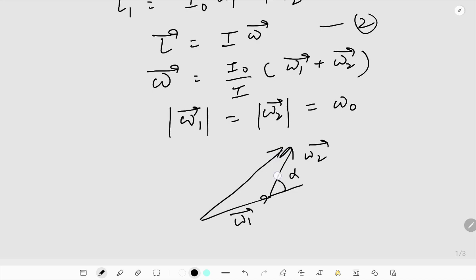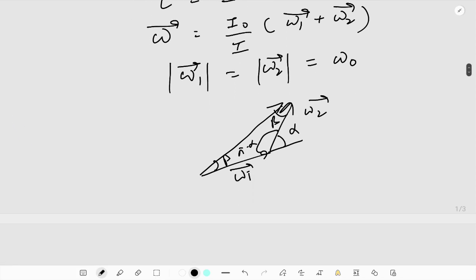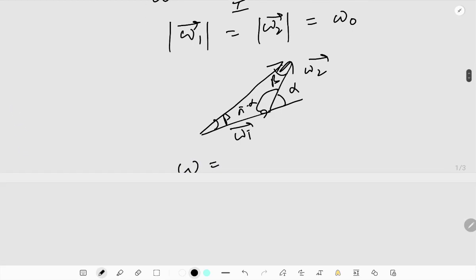You can see here this angle is pi minus alpha, and these two angles beta will be the same because omega 1 and omega 2 are of equal magnitude, equal to omega naught. Using the sine formula, you get that omega will be equal to 2 omega naught cos alpha by 2.